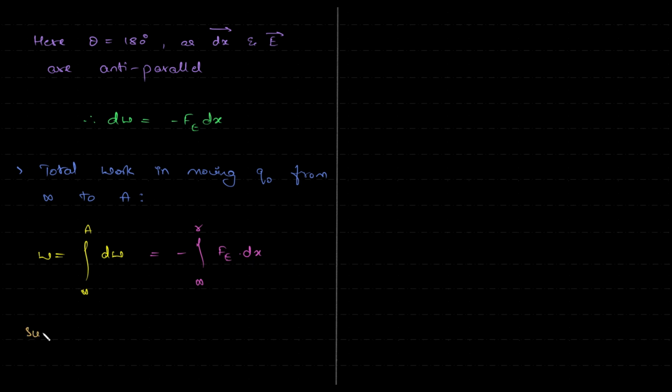So let's figure out the rest of it. So of course, force will not remain the same. A point charge does not create a uniform electrical field. So this changes as per this formula, inverse square of the distance, right? In this case, I'll take it as x square. And so we have minus k q naught, all these are constant, integral from infinity to r of dx by x square.